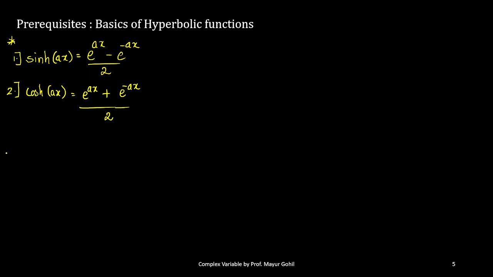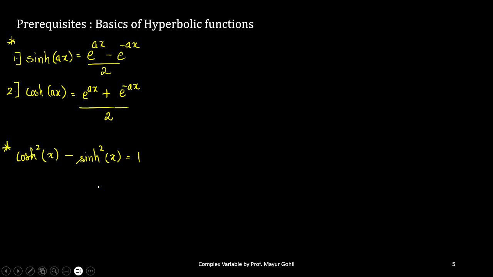After that, one important identity we will need, a very standard identity that will be useful to us throughout: cosh²(x) minus sinh²(x) is 1.